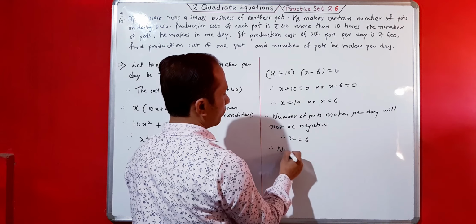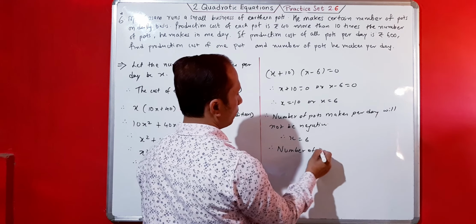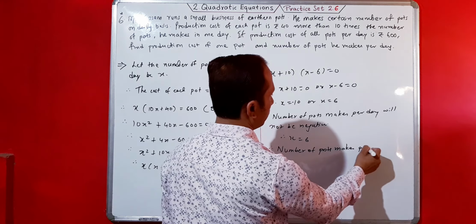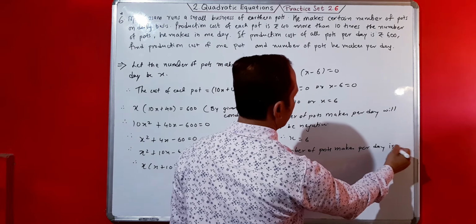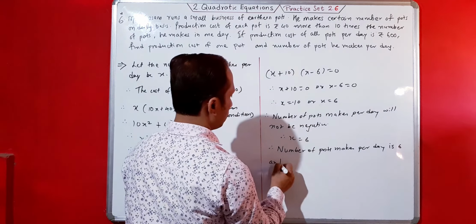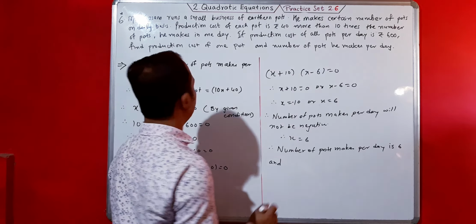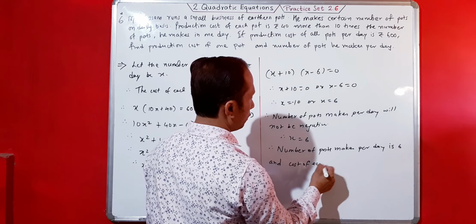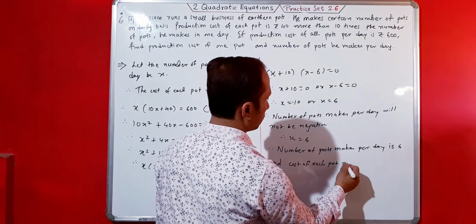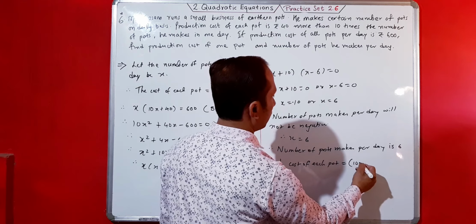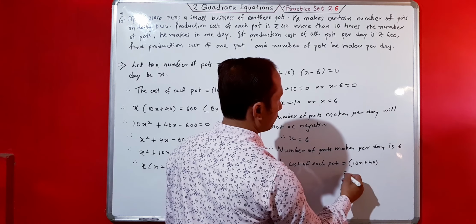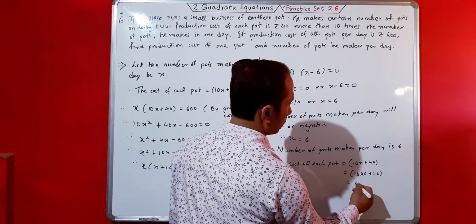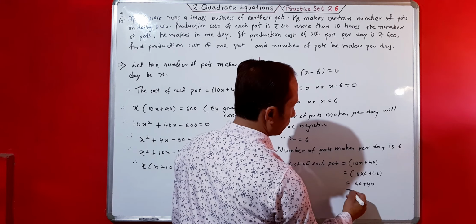So the number of pots made per day is 6, and the cost of each pot is equal to 10x plus 40, is equal to 10 into 6 plus 40, is equal to 60 plus 40, is equal to rupees 100.